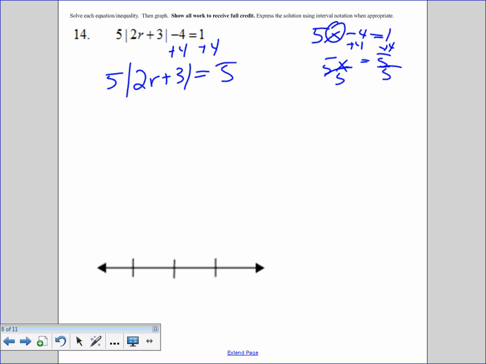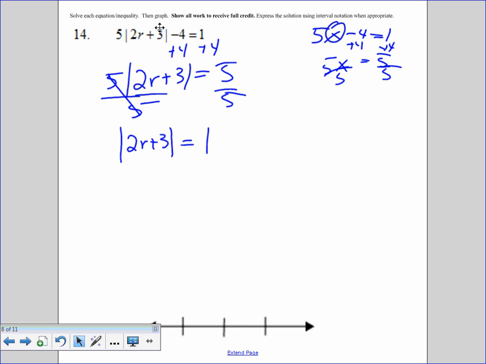Then I'm going to divide both sides by 5. This cancels, and I'll get the absolute value of 2r plus 3 equals 1. Now the absolute value is isolated. So I'm going to get either 2r plus 3 equals 1 or 2r plus 3 equals negative 1.